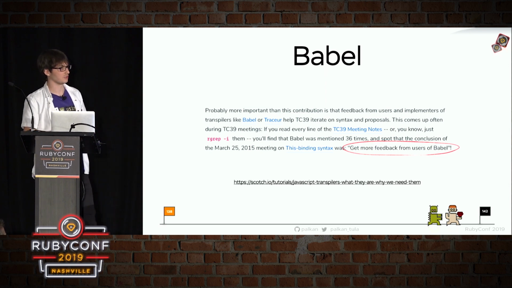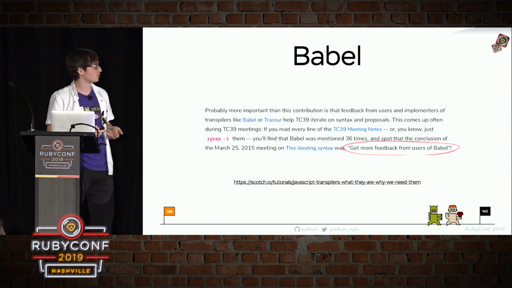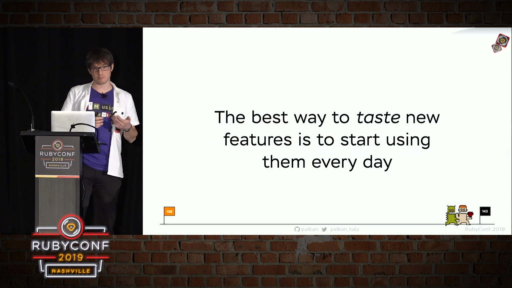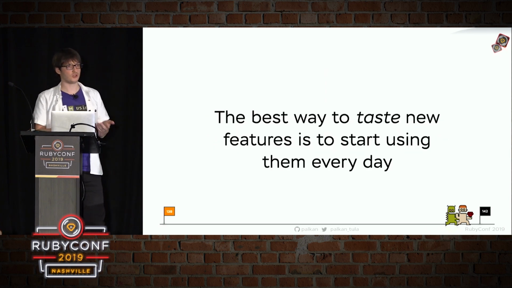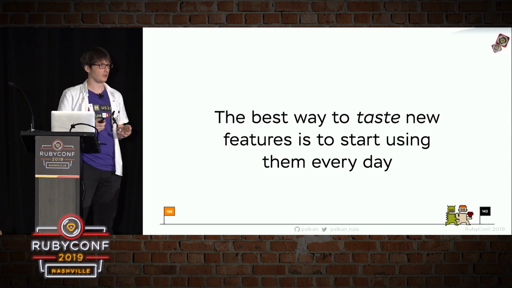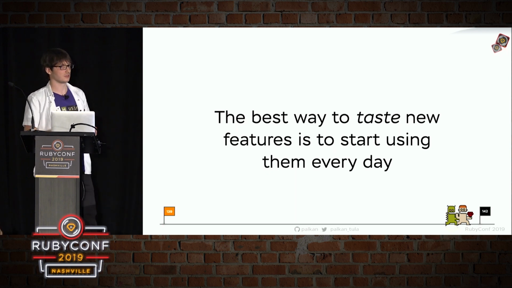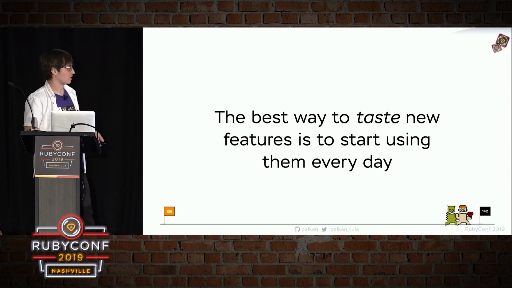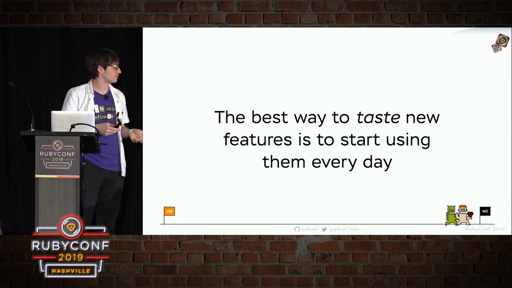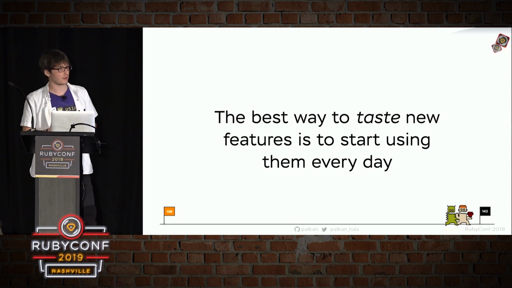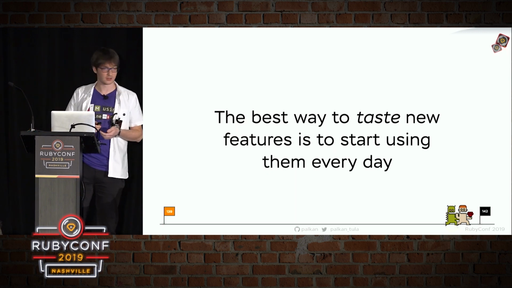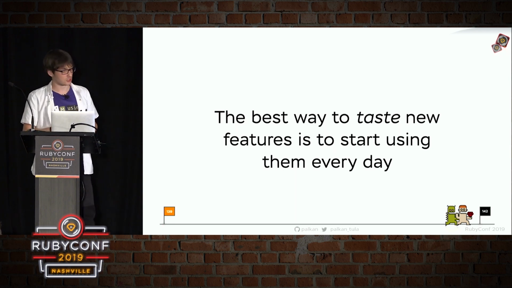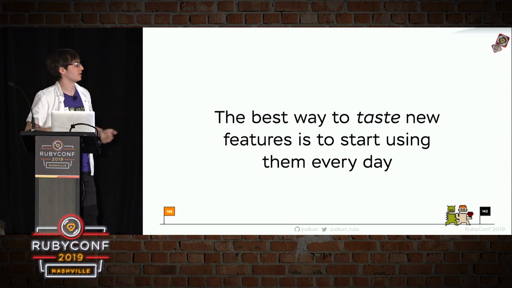We don't have such a process in Ruby, and we can't, because it's impossible to evaluate a new feature using a hello world example. You need to try it in the application you work on every day, maybe a production app, whatever. In real code, not in a synthetic example.